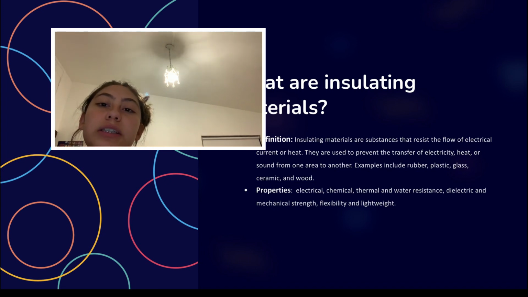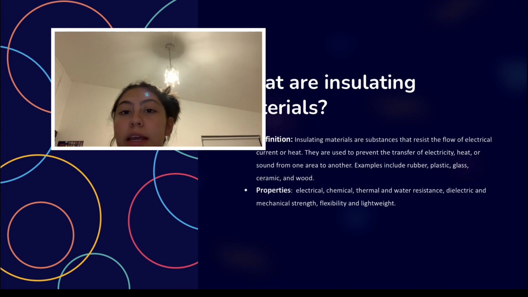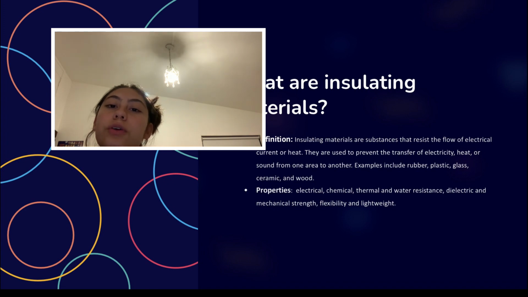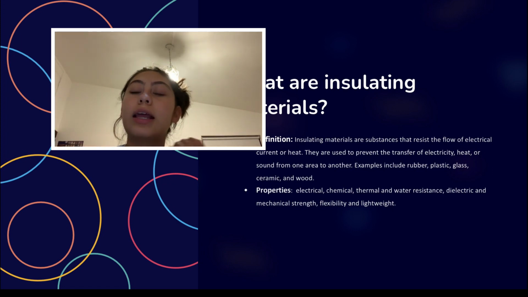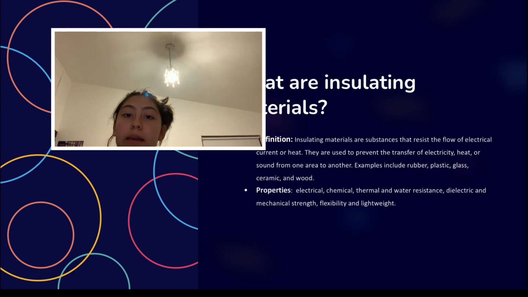Some insulating materials are resistant to chemicals, acids, and other corrosive substances. These properties are essential for materials used in harsh environments where exposure to chemicals is a concern, and they need to have this resistance so they can be used without any harm to anything.